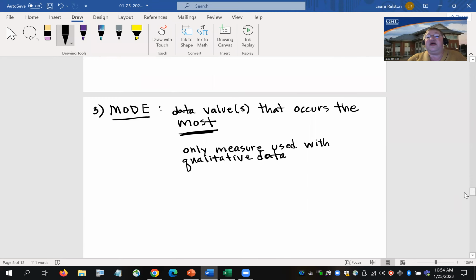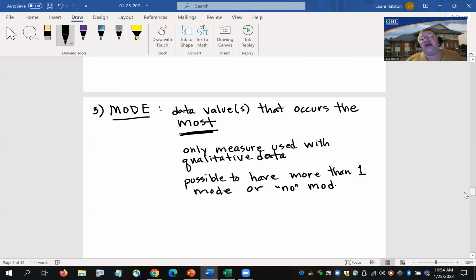Notice that I wrote data value and then I put the S there because you can have more than one value that occurs the same number of times. Like if you have a tie between two categories, you can have more than one. It's also possible that you have what we would say is no mode. There may not be a value that occurs more so than any of the others.